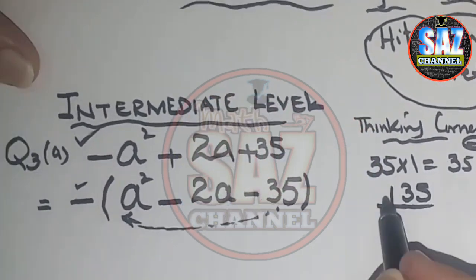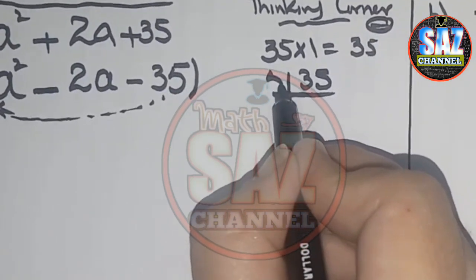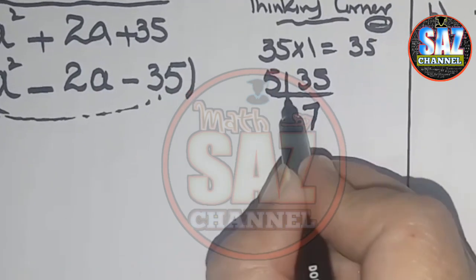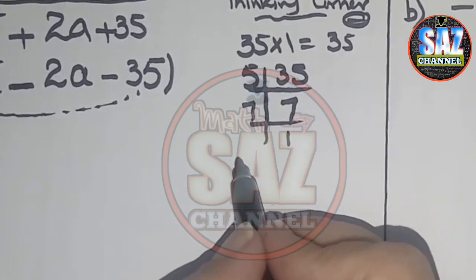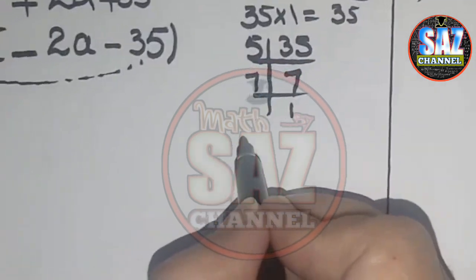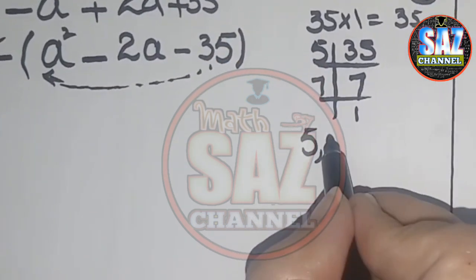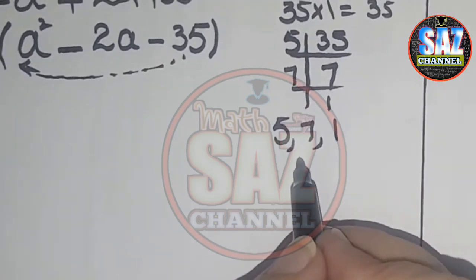The smallest suitable prime divisor is 5. 5 how many times gives 35? That is 7, and 7 ones is 7. Here we should have a strong foundation of tables. After this, I write all these factors in one line, and then we have to perform a magic.